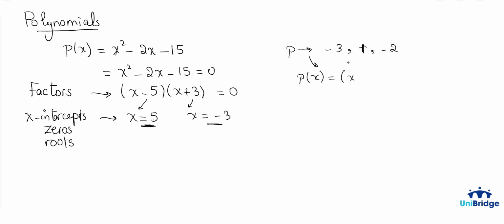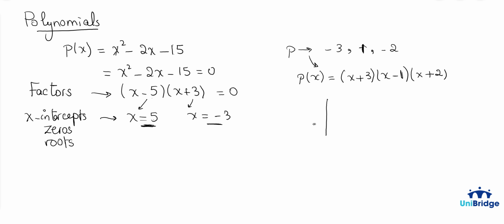If it has a root at -3, then it should be x plus 3. If it has a root at 1, the bracket is x minus 1. And since it has a root at -2, the bracket is x plus 2.